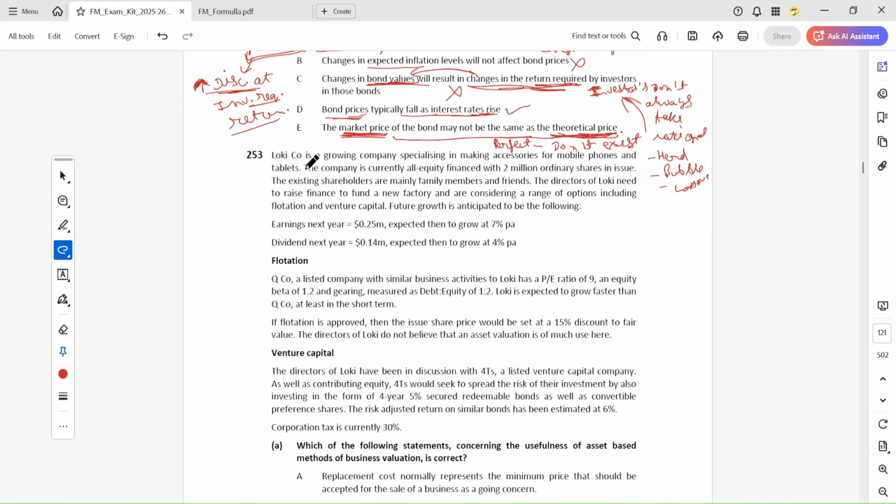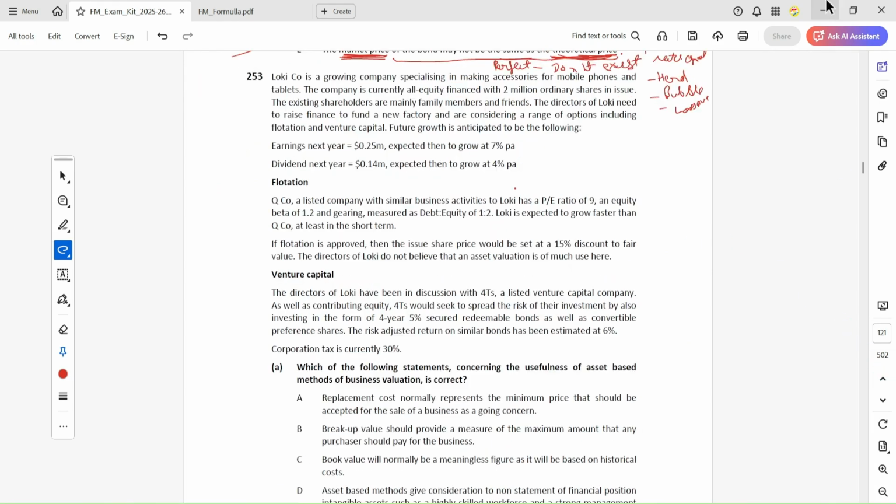Next is Loki. Okay, so the next question is Loki company. Loki company is a growing company specializing in making accessories for mobile phones and tablets. The company is currently all equity financed with 2 million ordinary shares in issue, so there is no debt.